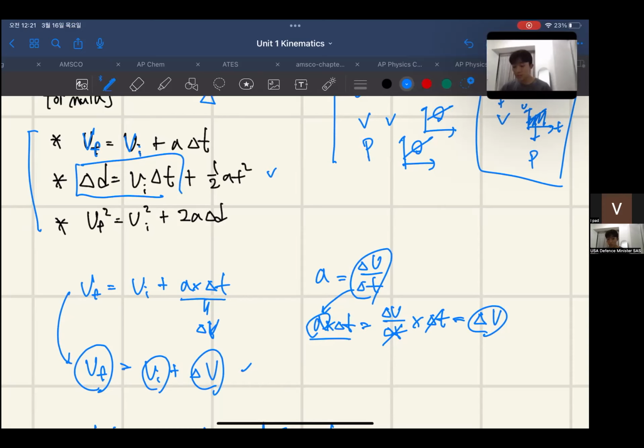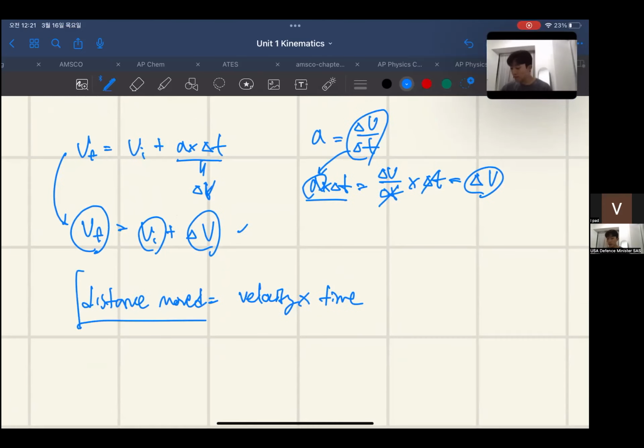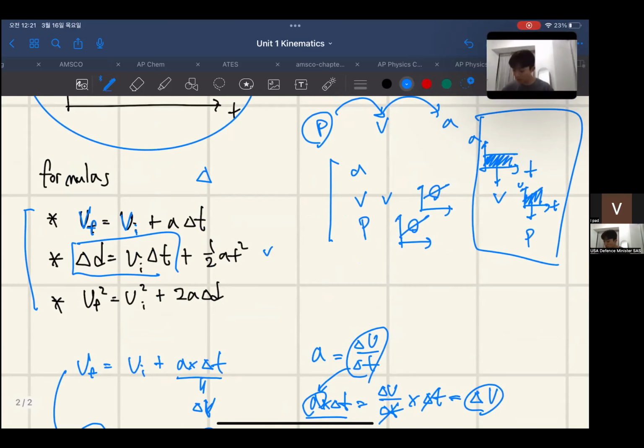Delta D, or displacement, equals velocity VI times delta T. However, this formula that you learned in middle school assumes that the velocity is constant. It does not take into consideration the acceleration. Thus, this first part of the equation only accounts for a situation where acceleration is zero, when the object is moving at a constant velocity.